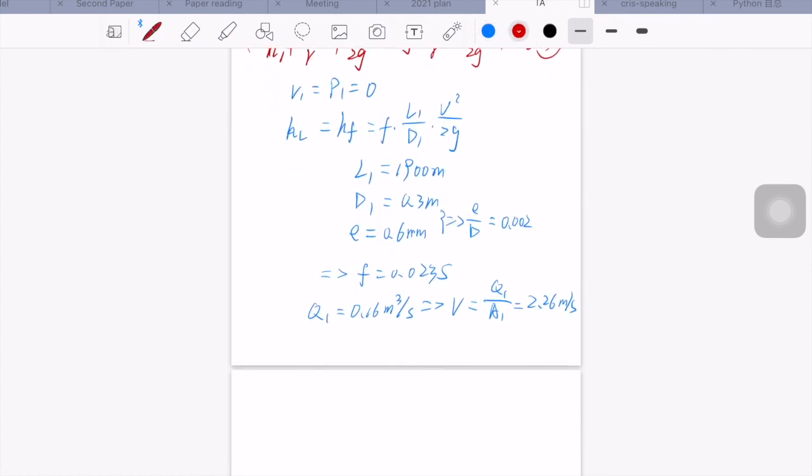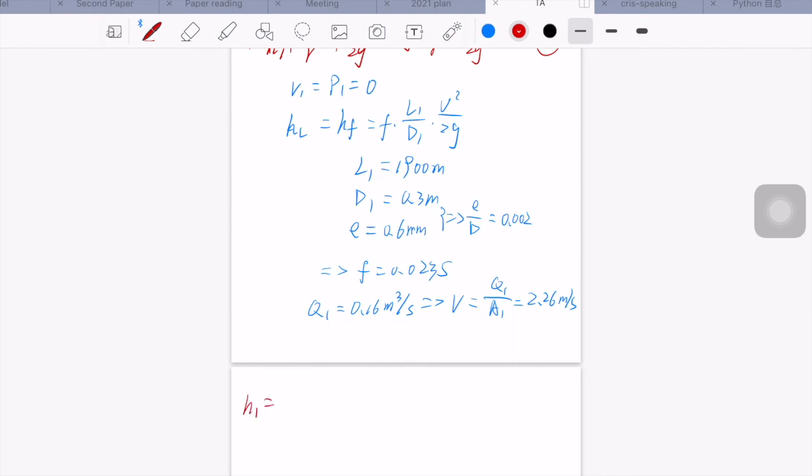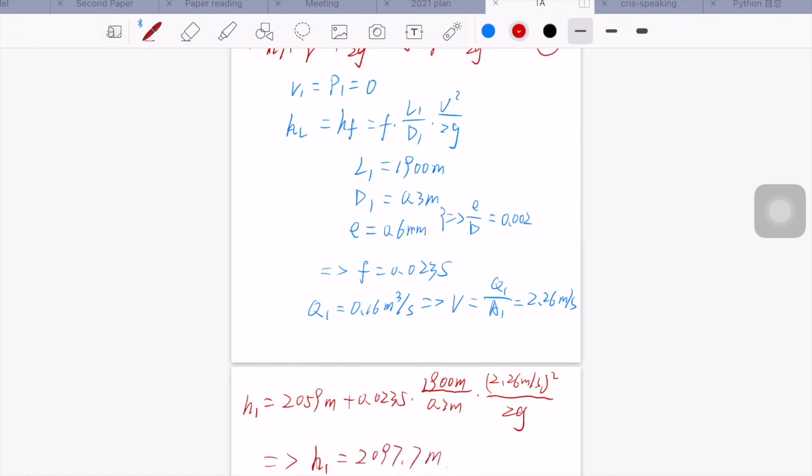So now equation 3 can be written as H1 equals 2090 meter plus 0.0235 times 1900 meter divided by 0.3 meter times 2.26 squared divided by 2g. So now we can get the reservoir elevation. H1 is 2097.7 meter. So we have done.